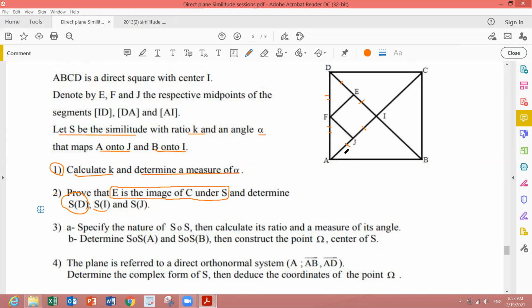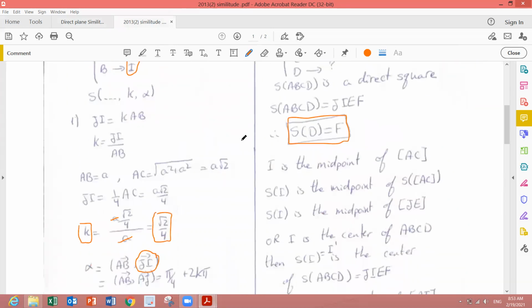Or I is the midpoint of AC, then S of I will be the midpoint of S of AC, which is the midpoint of JE. One of the two methods you can use. I is the midpoint of AC, and similitude preserves midpoint.